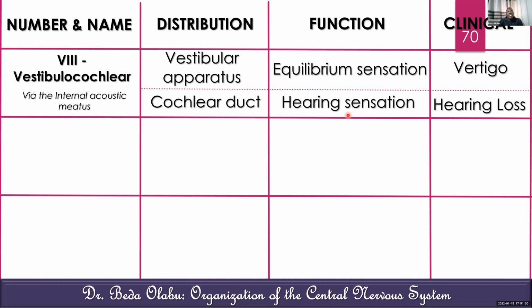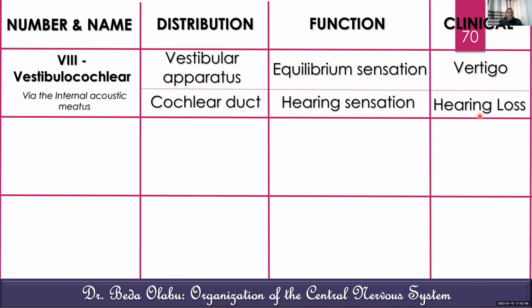Now, hearing loss is usually classified into two. There's what we call conduction hearing loss, and there's what we call sensory neuron hearing loss. Conduction hearing loss is the hearing loss that someone experiences if there's some wax impaction, for example, so that sound waves may not be able to pass through the outer ear, or maybe there's some problem with the middle ear, so vibration may not pass through up to that point.